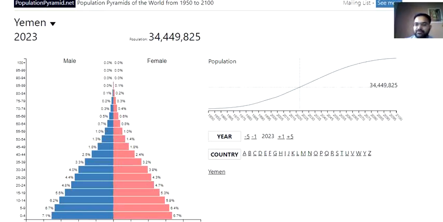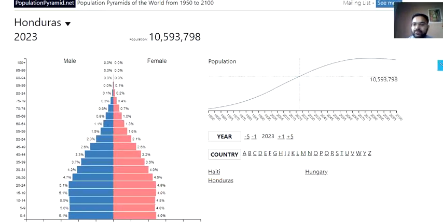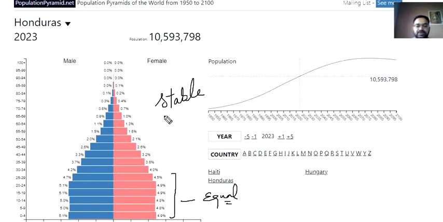Now let us check one more country here. Okay, I am checking Honduras here. Now observe this histogram here. If we observe this histogram, we see that the reproductive and pre-reproductive individuals' numbers are quite equal, and obviously they are going to make a population which will be quite stable.